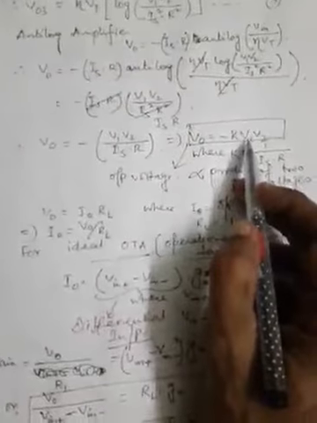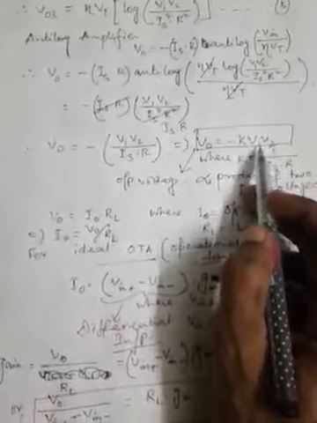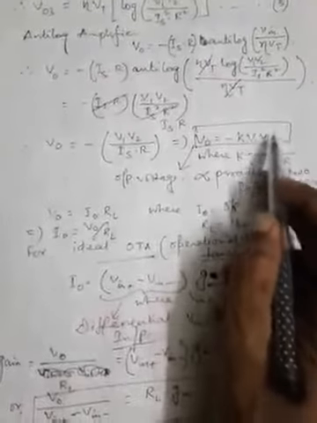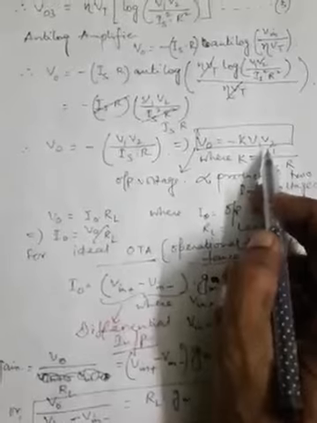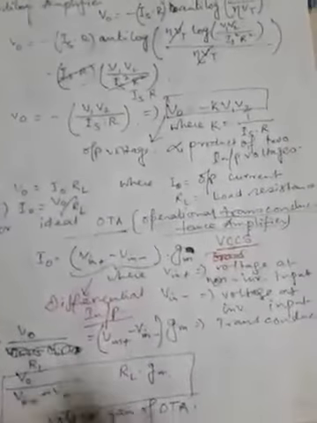So V1 and V2 are differential voltages, and since their non-inverting terminals are grounded, for these log amplifiers, suppose for V in we are seeing that V in plus is 0 because the non-inverting terminal is grounded, and V in minus is V1 or V2, whatever, for the two amplifiers we have seen over here.